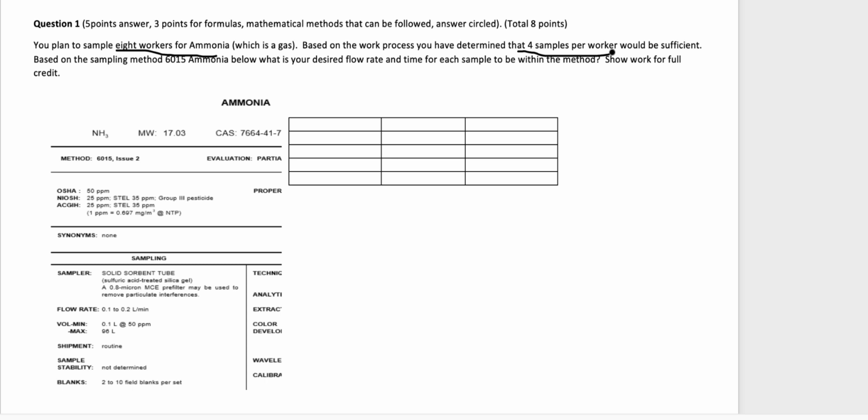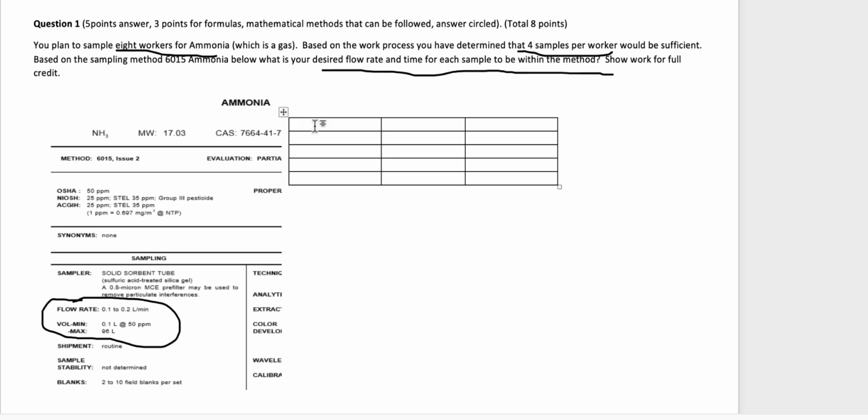Based on the sampling method below, what is the desired flow rate and time for each sample to be within the method? Show your work for full credit. So we're interested in this area of the method, and we can set it up a number of ways.